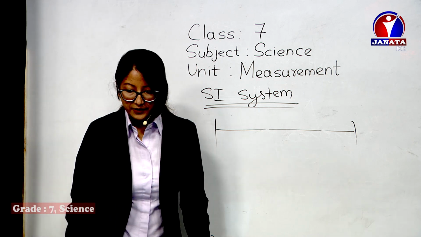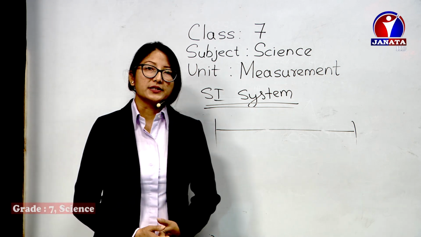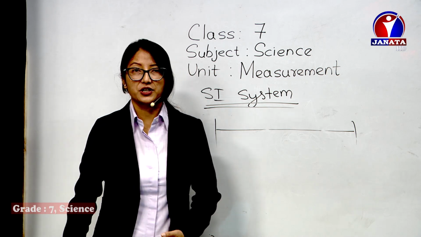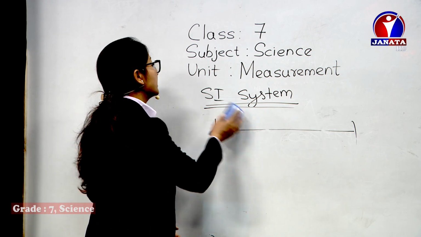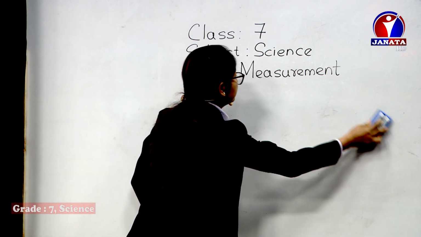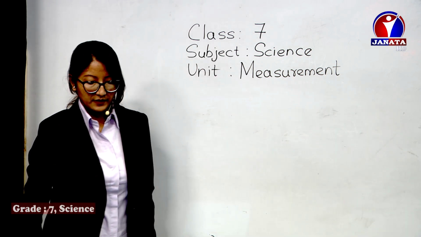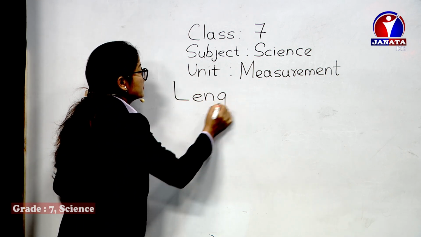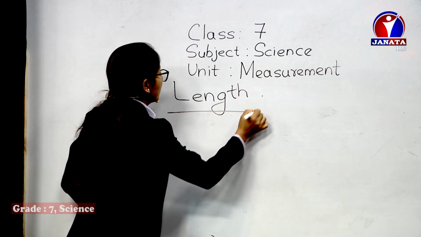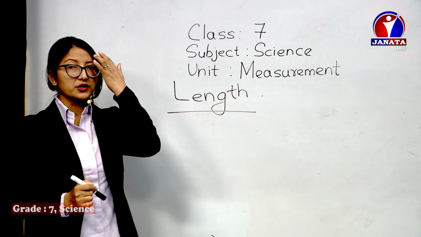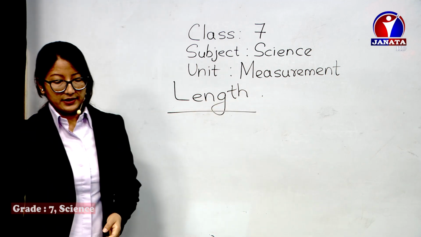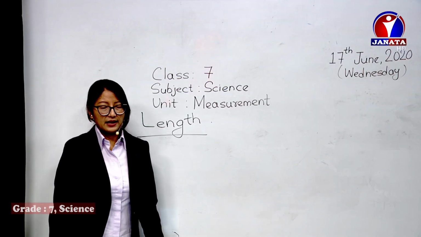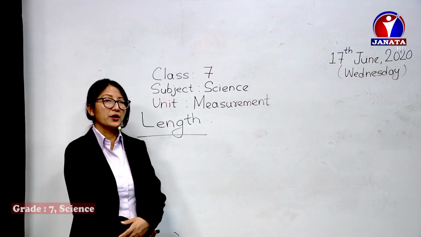So, a few physical quantities. The main quantities, length, mass and time, we are going to study today. So first of all, about length. One of the basic fundamental quantities is length. Now when we talk about length, a few examples we have already discussed.